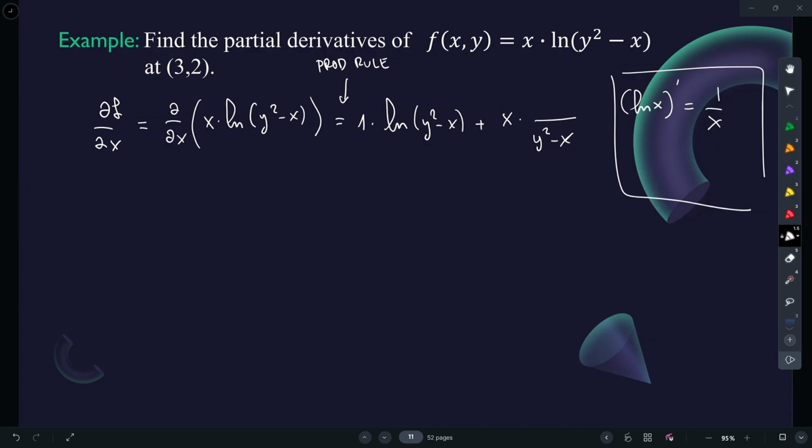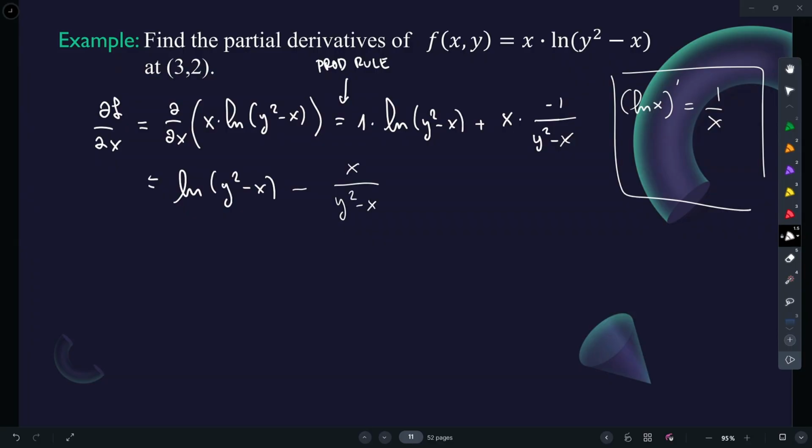Y squared, the derivative is 0, the derivative of minus x is minus 1, so I get a minus 1 on top. Okay? So the answer is the logarithm of y squared minus x. Actually, there's a minus there, so let me just write it as minus x divided by y squared minus x.